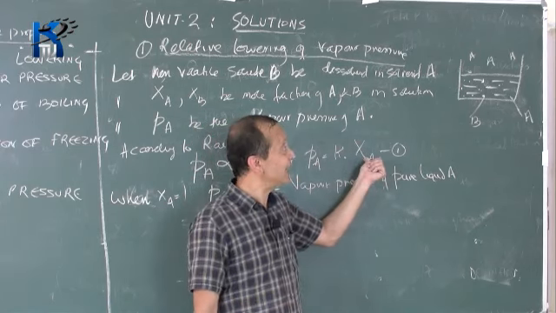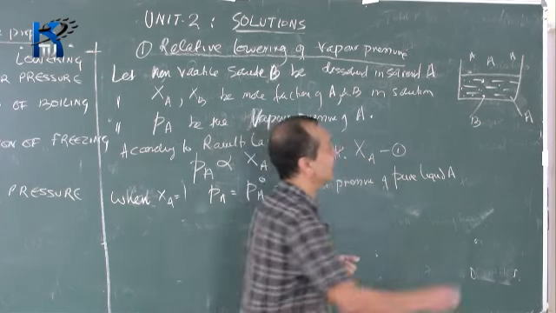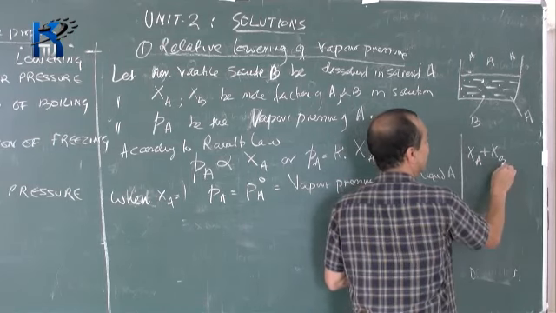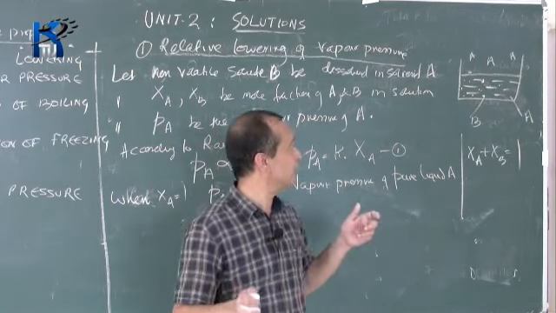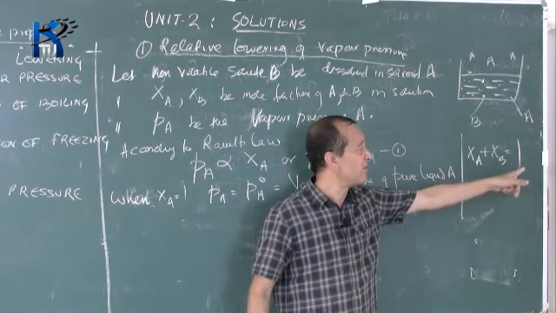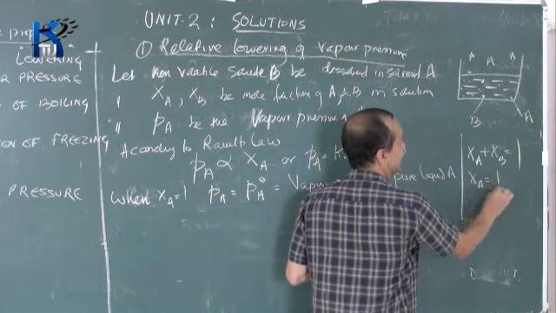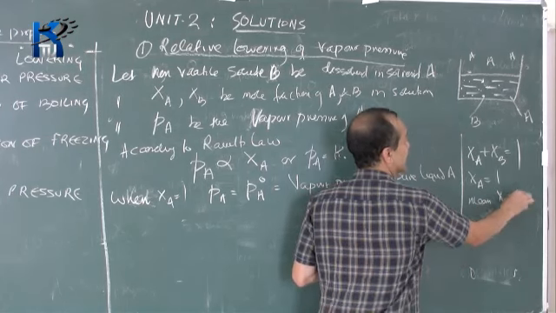Now, when XA is 1, I think I told you before, you know that XA plus XB is 1. You have studied that the sum of the mole fractions is always equal to 1. So XA equal to 1 means XB is 0.